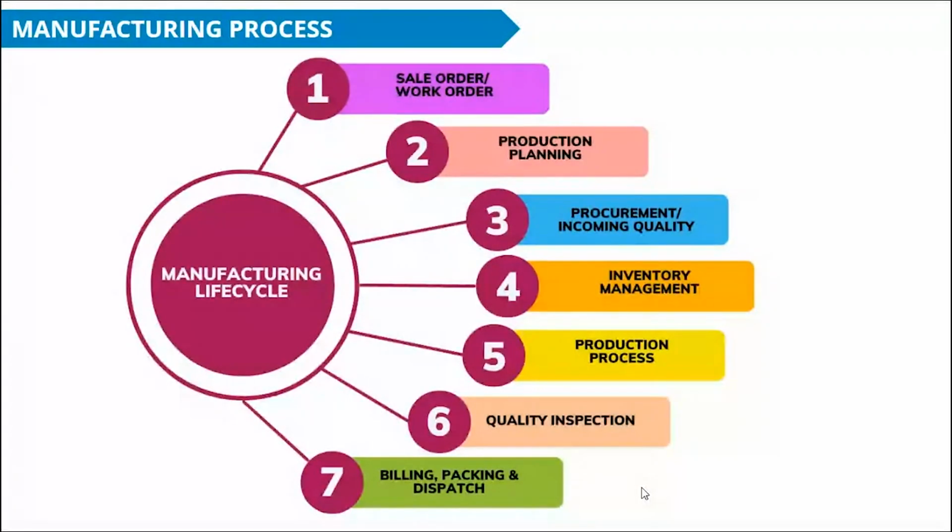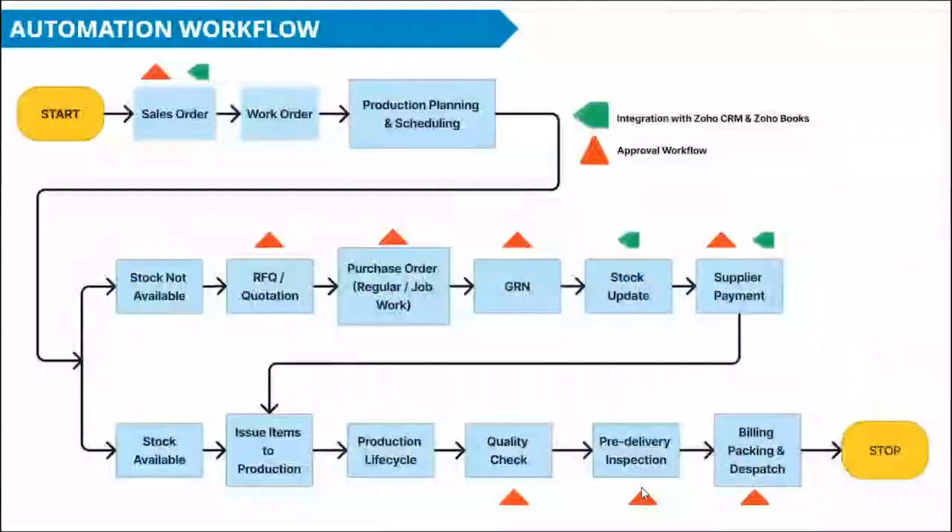At different stages, the other tools also come into play along with Zoho Creator. Let us see what it is. Now, this is the overall automation workflow that we have enabled in the system, starting from sale order, which I talked about at the beginning, to dispatch. You will see the end-to-end workflow in this particular diagram.